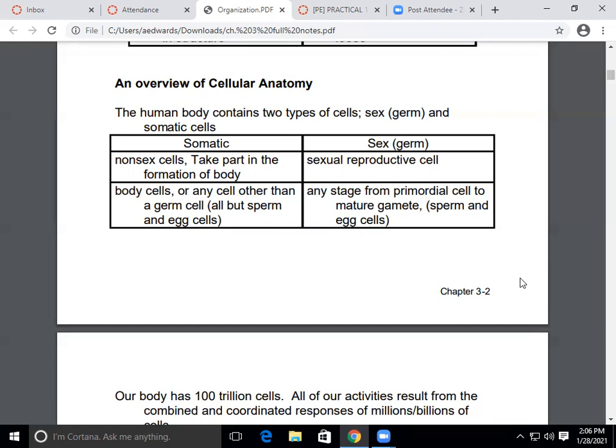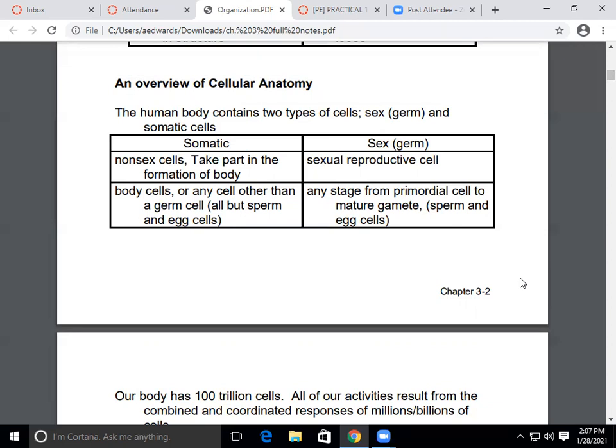And they exist at different stages, okay? So when we say egg and sperm, generally we're talking about more mature sex cells, but you have some immature primordial cells or immature gametes. Usually when we're talking about mature gametes, that's a term we use for eggs and sperm.